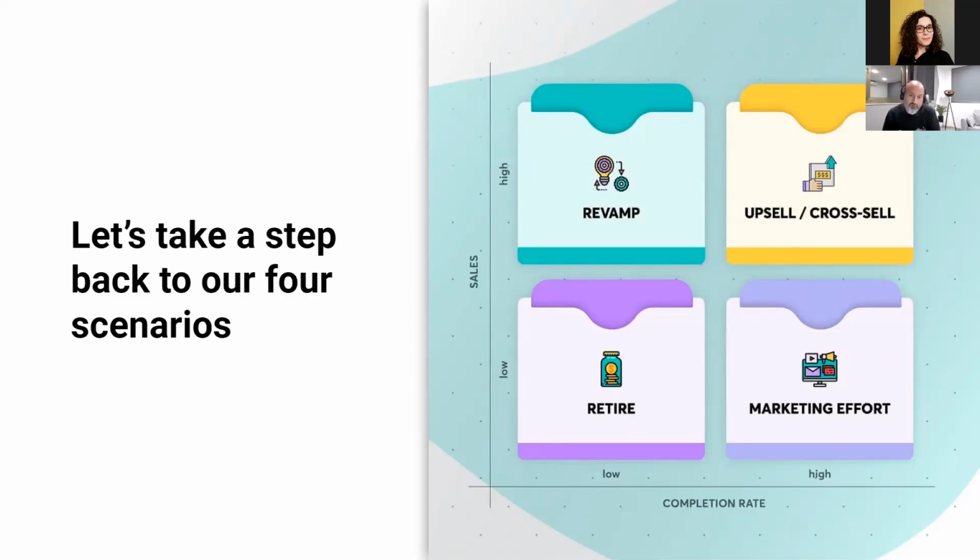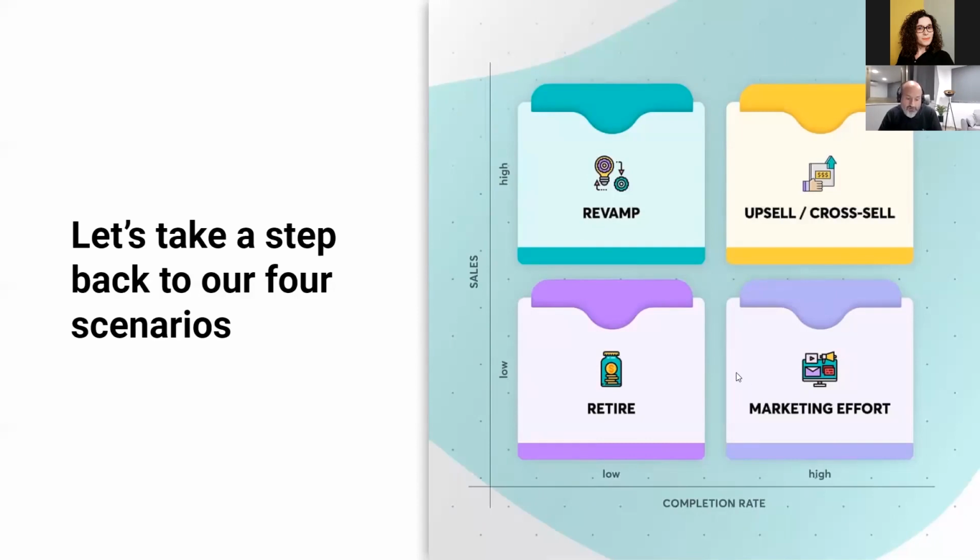You should be able to look at your courses not as a whole, but each one of your courses, or even each one of your learning units within a course, and each one of those quadrants corresponds to a decision that you should take on how to improve a situation, or on how to double down on a particular situation. This is something that you have to structure and adapt to your own situation and to your own online school.